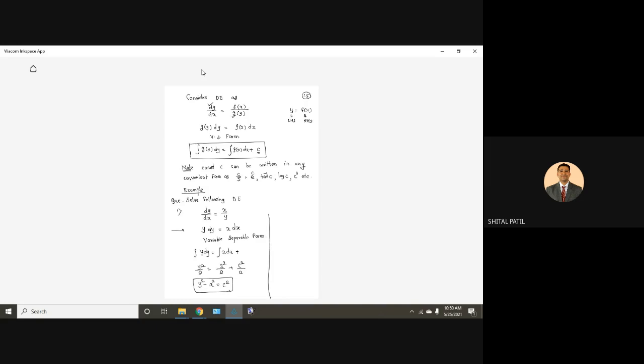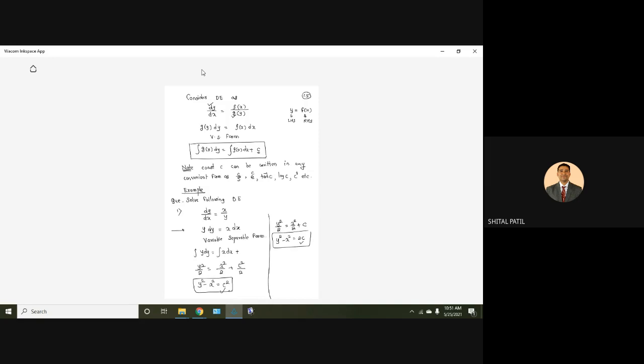हाँ, someone may say that if I write the answer like this, y square by 2 equal to x square by 2 plus, suppose मैंने c ही लिख दिया, तो चलेगा क्या? क्यों नहीं चलेगा? No problem. It will be y square minus x square equal to 2c आएगा. Whether it is c square or 2c, it is constant only. है ना?